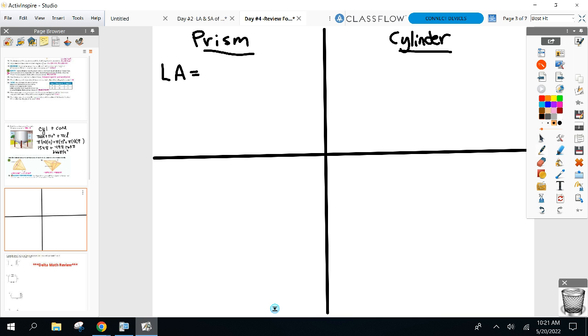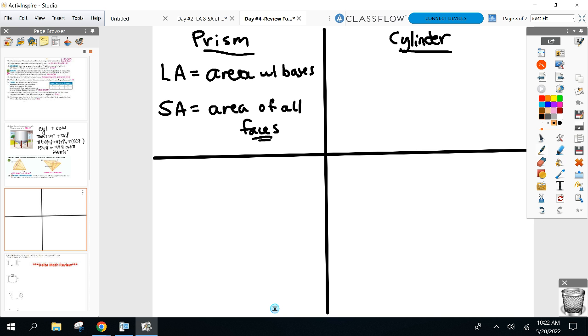Correct. Usually, yes, in a prism we deal with rectangles, right? How many rectangles there are, and I add them all up, usually. And then surface area is area of everything, of all faces. I don't have a formula for you. You got to understand what lateral area is. Take off the bases, put them back on for surface area.